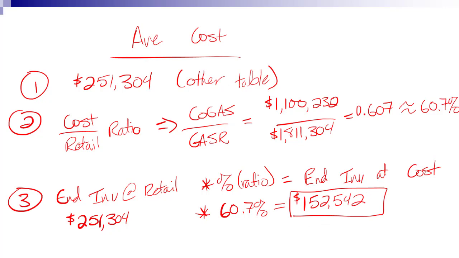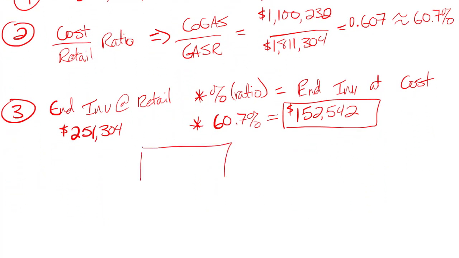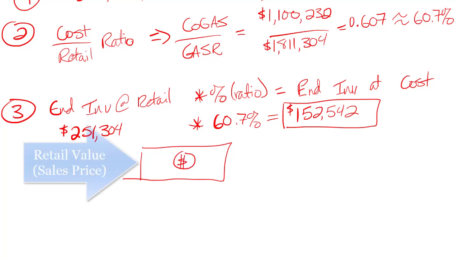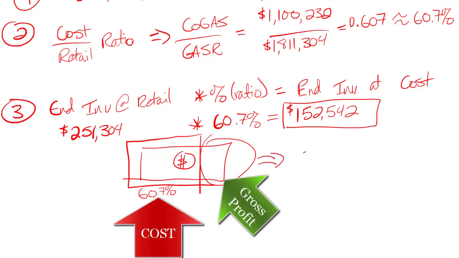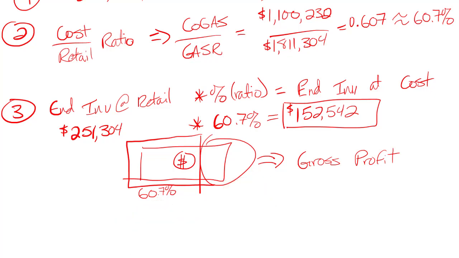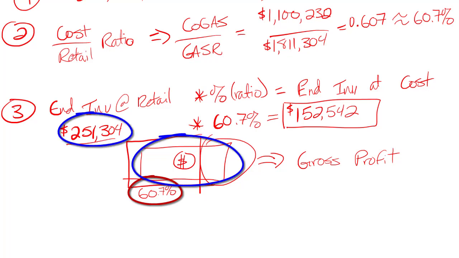And if you want a picture, because we've done a lot of pictures in the past, this is what I charge people. It's the retail value. It's the sticker price. Of that sticker price, what I'm saying is this 60.7% is what I paid, and the rest would be my gross profit. That's what I'm doing. All I'm doing is figuring out this percentage so that I can take the number that I know and turn it into the number that I need.